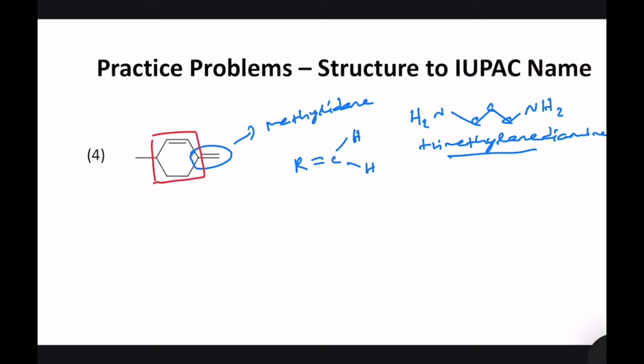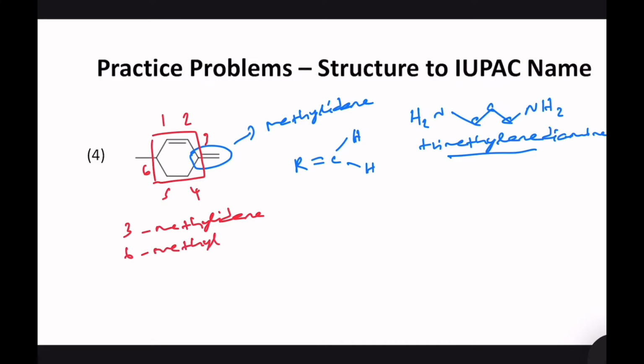Now, how to do the numbering? If we start numbering from the carbon-carbon double bond that is there in the cyclohexene ring, then 1, 2, 3, 4, 5, 6. At 3 you have methylidene and at 6 you have methyl.